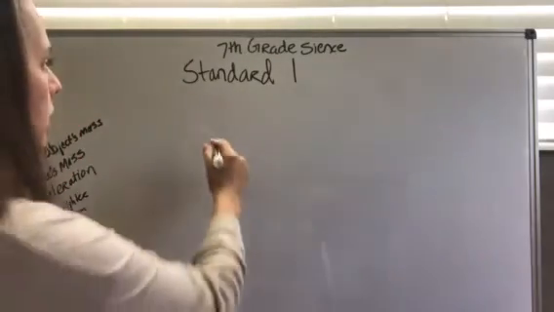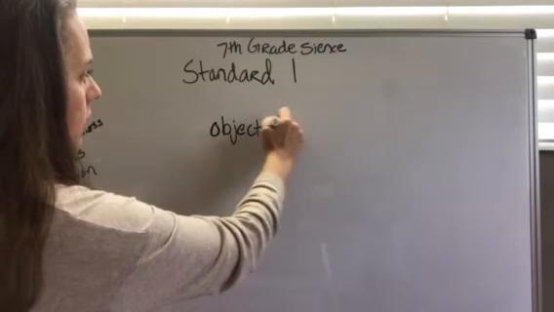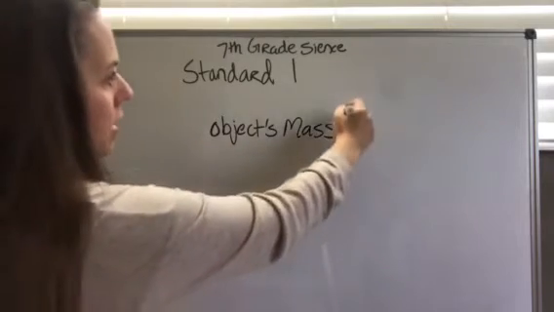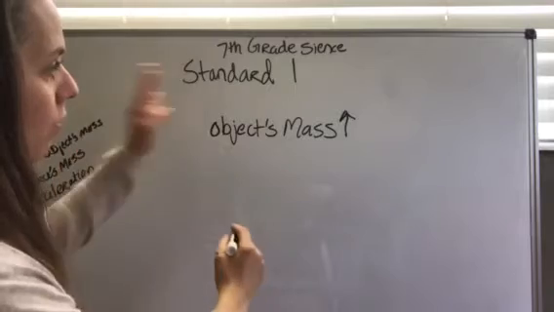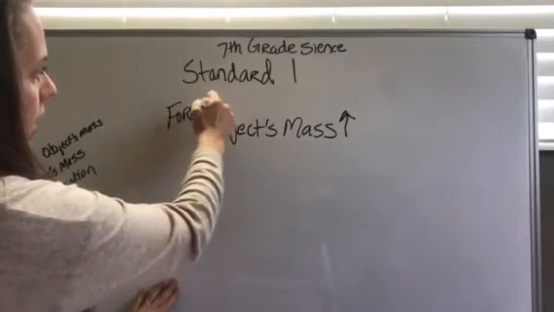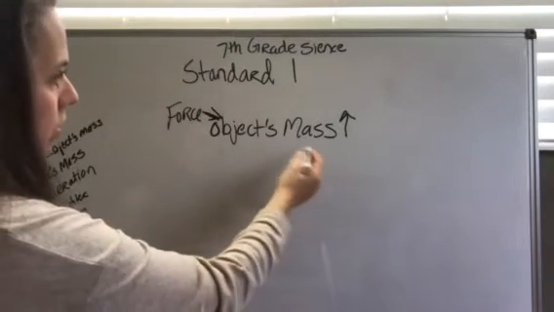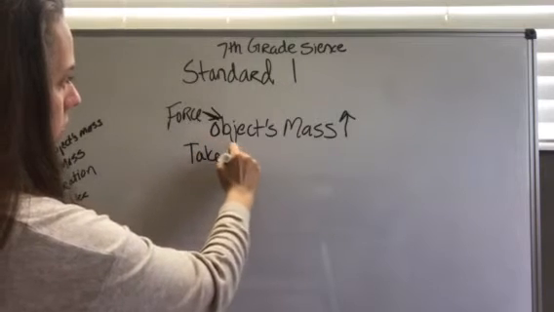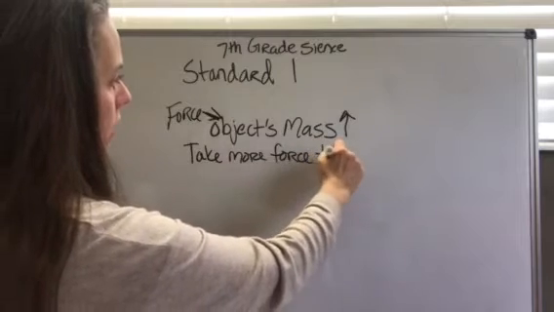I'm just going to talk about an object's mass. So if an object's mass is heavier than a force acting upon that mass, it's going to take more force to move it.